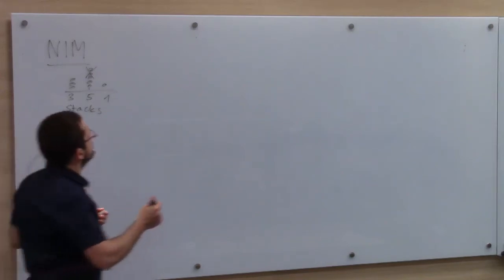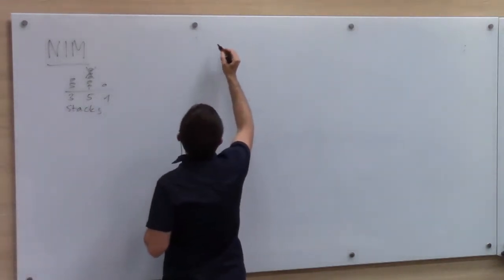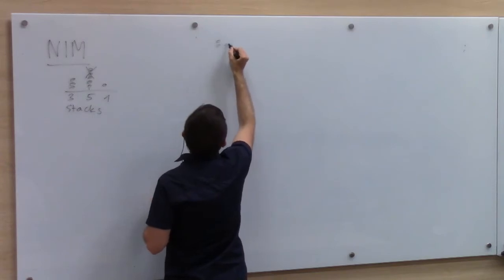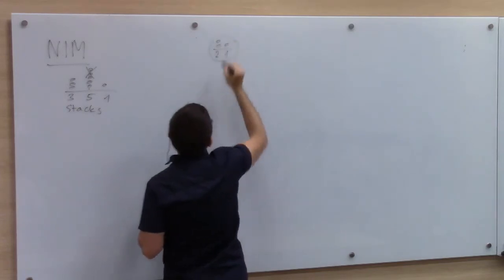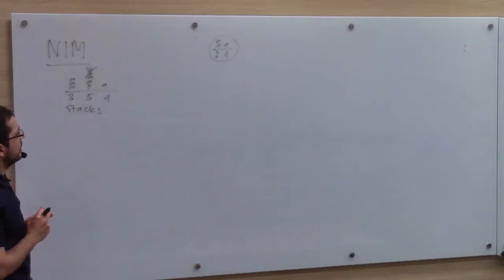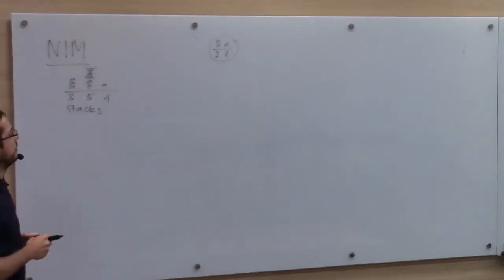So, for instance, we can say that if we have 2 stacks, maybe the first stack has size 2, the second stack has size 1, and this is a valid state in the game. So what kind of moves do we have here?